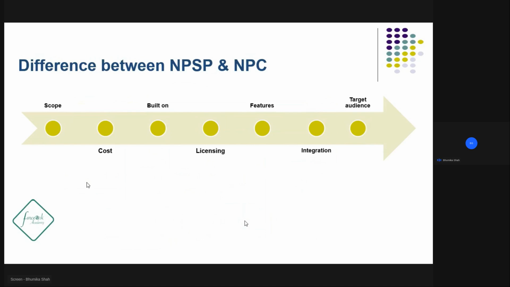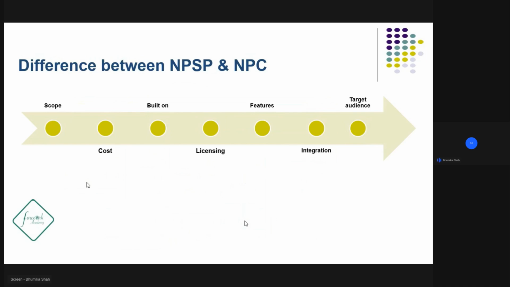Licensing. For NPSP, you only need to pay for the underlying Salesforce licenses, whereas in NPC you require a separate license in addition to Salesforce. Features. NPSP mainly focuses on donor management, fundraising, and basic program management, whereas NPC includes fundraising, program management, marketing, and engagement tools, etc. Integration.